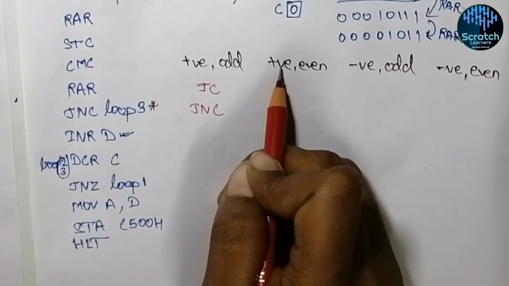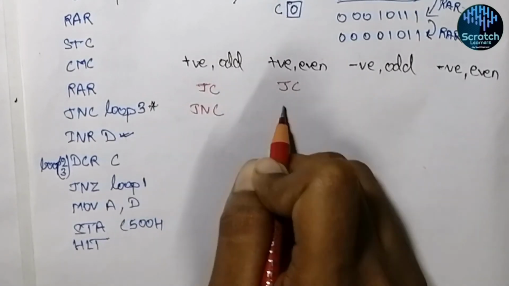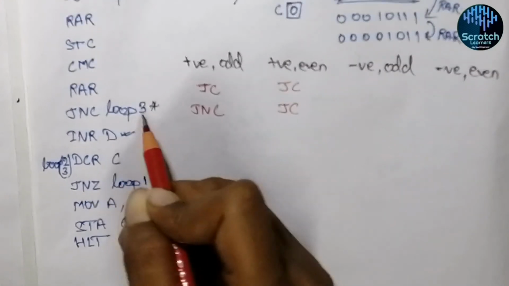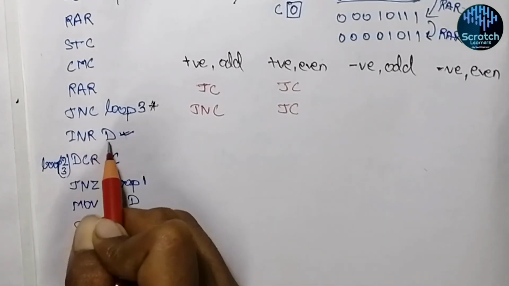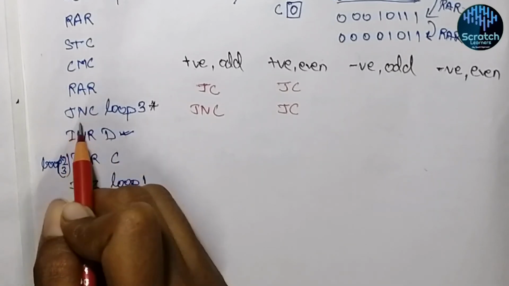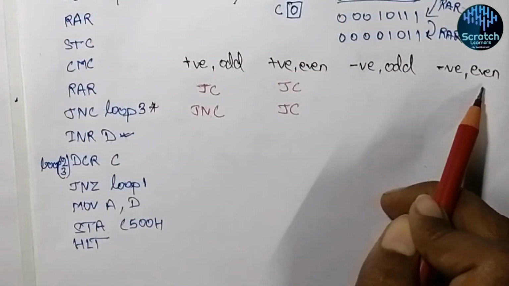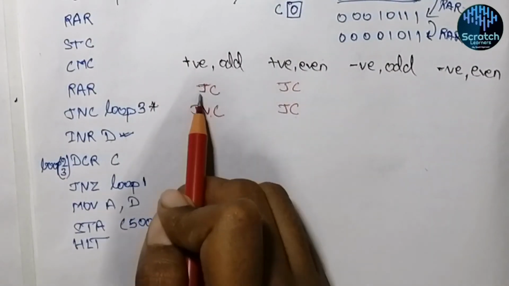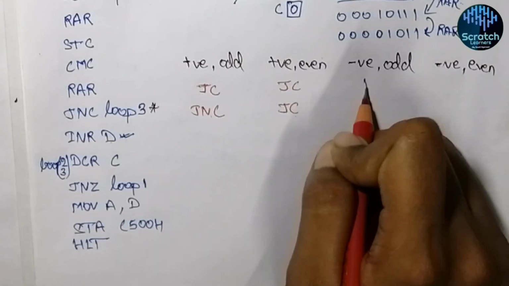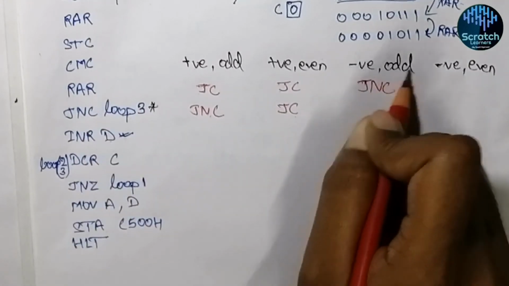But for positive but even numbers, the JC loop will remain the same. But here we will again check with the JC loop, because if the number is even, then only we will count the number. Just by changing this, we can switch from odd to even. For a negative number check we will use JNC loop, and the second time here we will use JNC for the odd number.